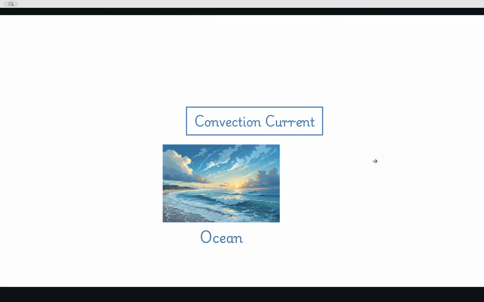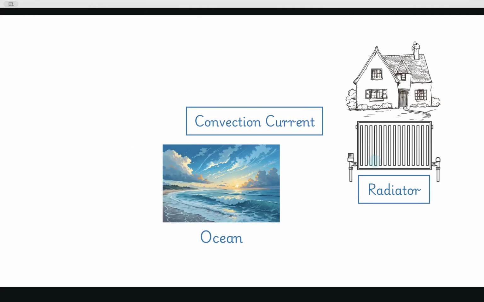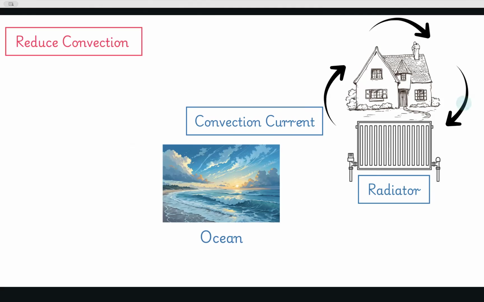And this is used in many situations. So we see convection currents in oceans, in buildings, in radiators. They all form a convection current. And this is what we're all doing, even when we're sitting under a blanket at night.